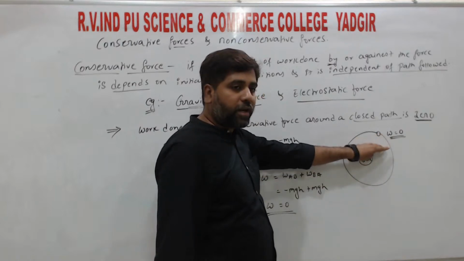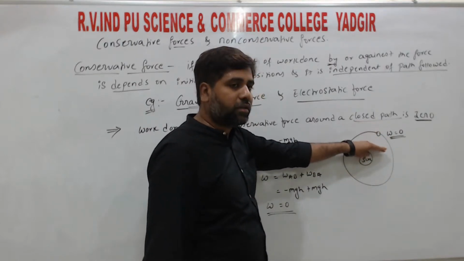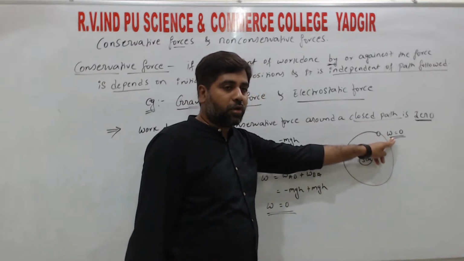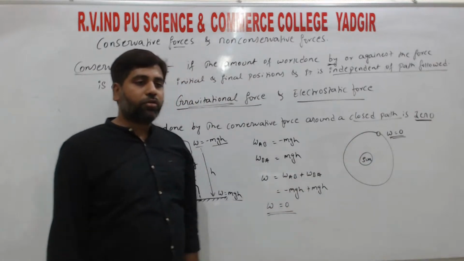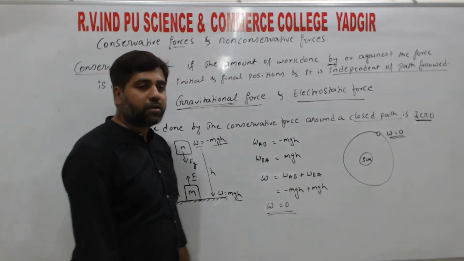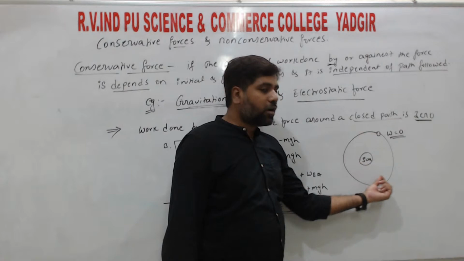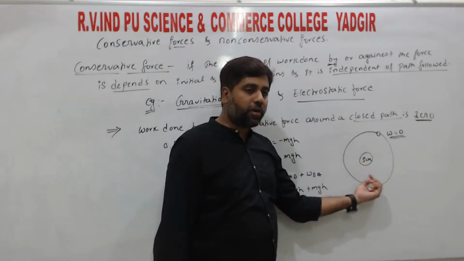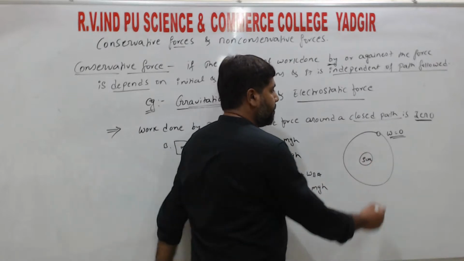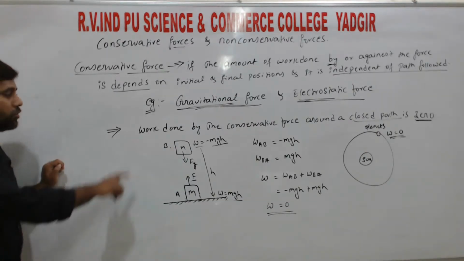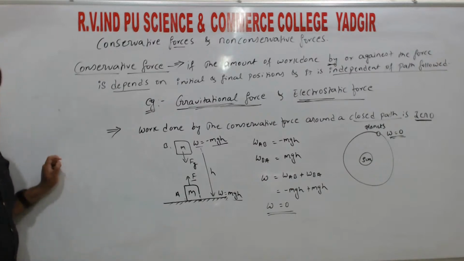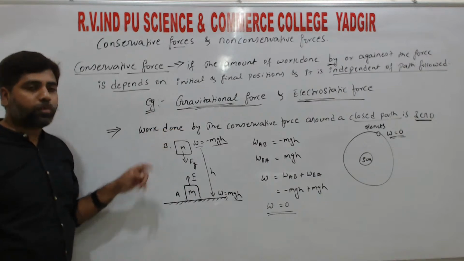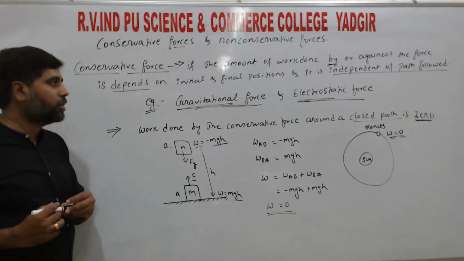Since the initial point and the final point are the same, we call it a closed path, and the work done is 0. Electrons revolving around the nucleus also have zero work done, similar to the planets revolving around the sun. This is the second condition of the conservative force: around a closed path the work done is 0.